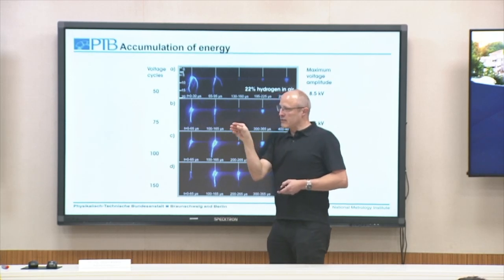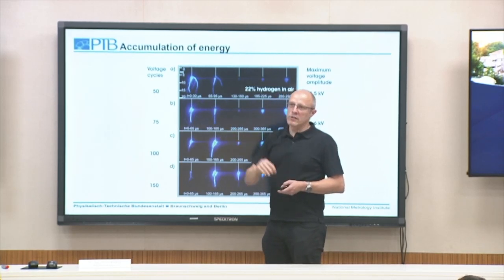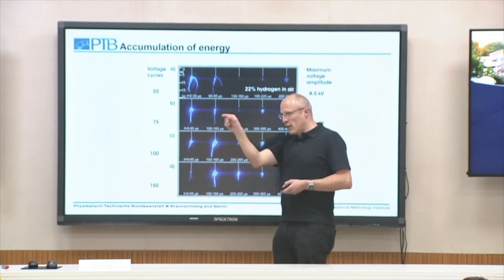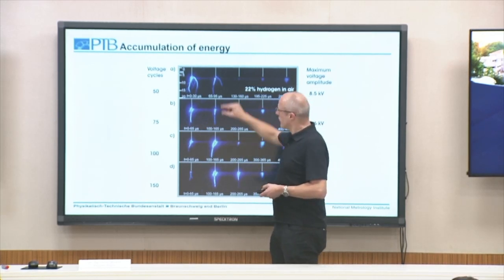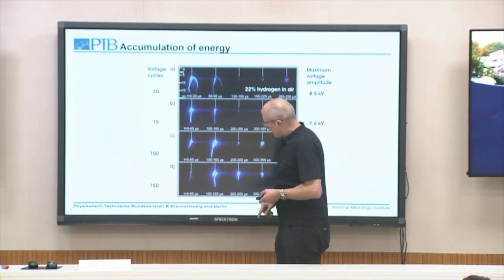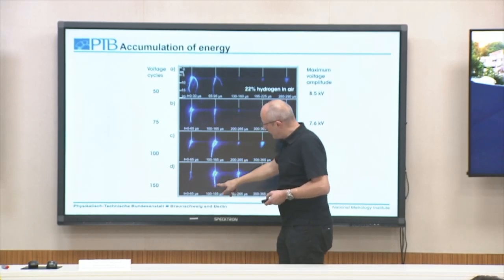And this streamer discharge, the second one, sees the result of the old streamer discharge. So it prefers to go this way again. So the length increases with time. You see it maybe here or here more in detail.